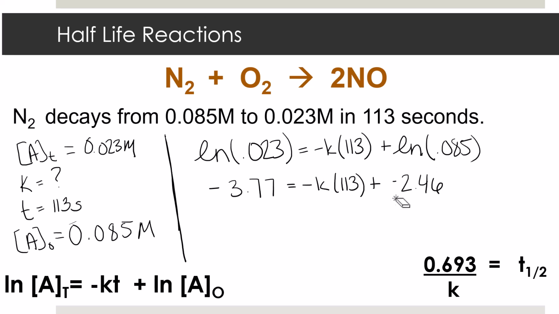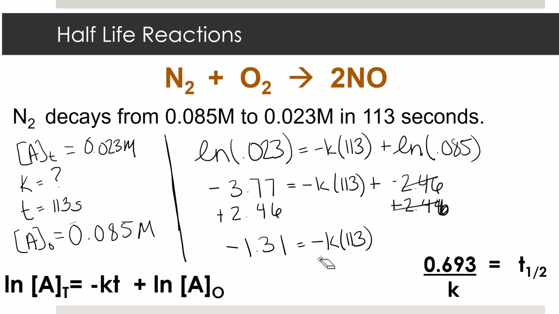I want to get k by itself, so I do the inverse and add 2.46. That cancels. Whatever I do to the right side, I also have to do to the left side. We have negative k times 113 equals negative 3.77 plus 2.46, and I get negative 1.31.